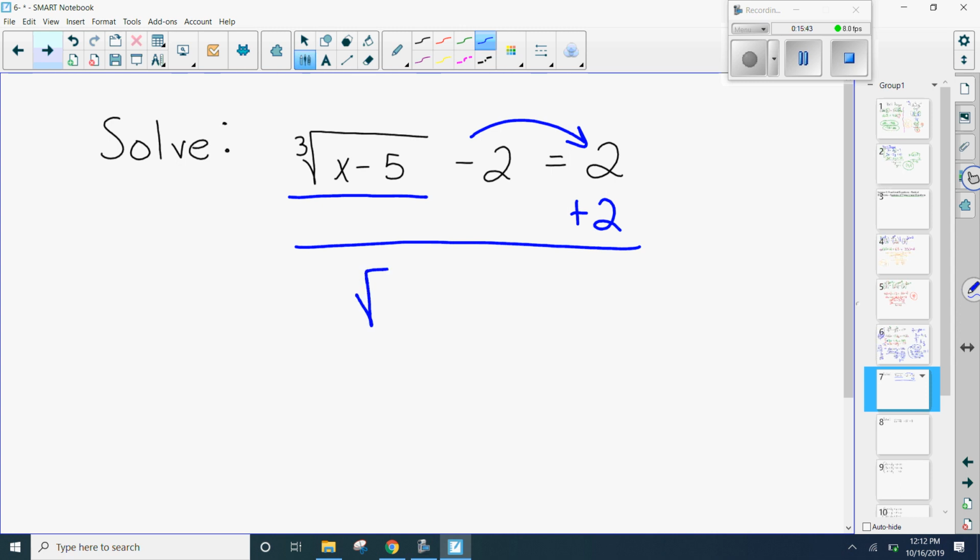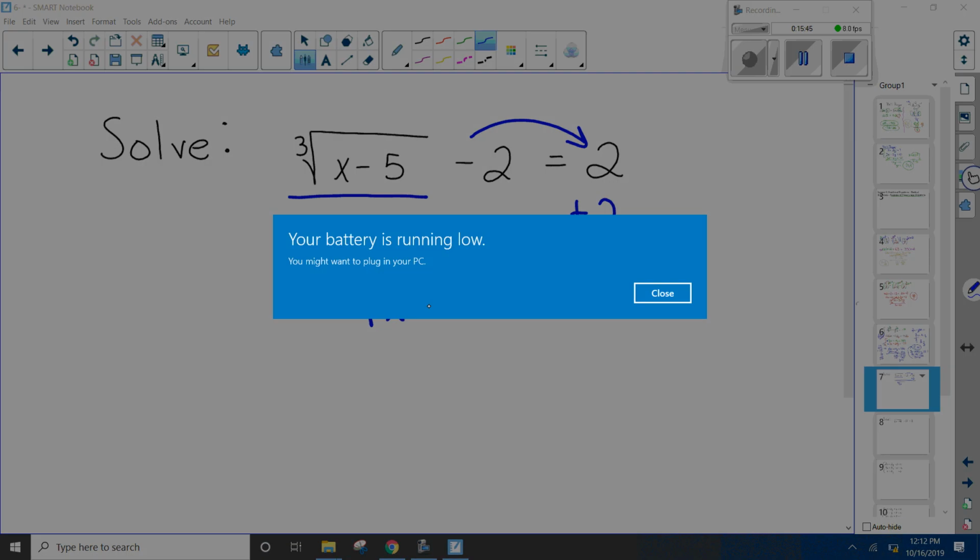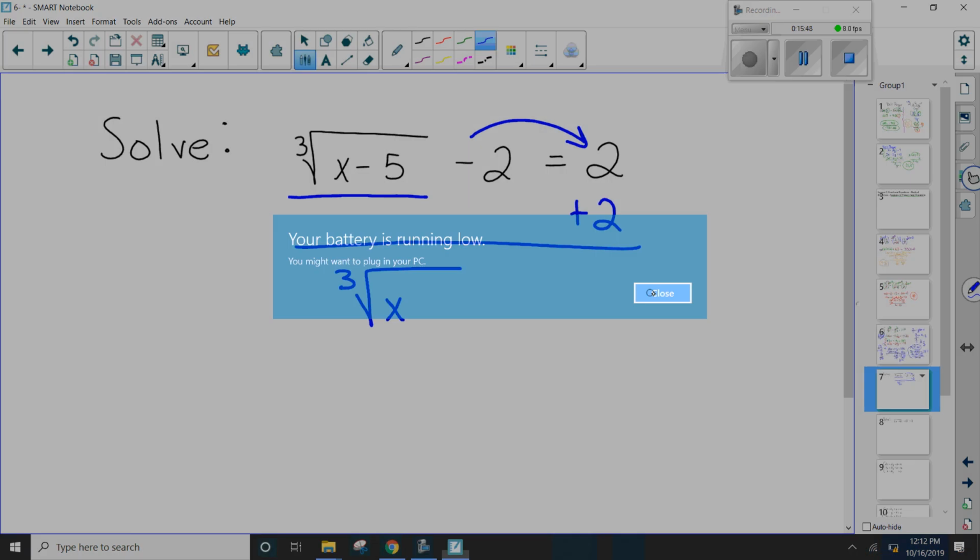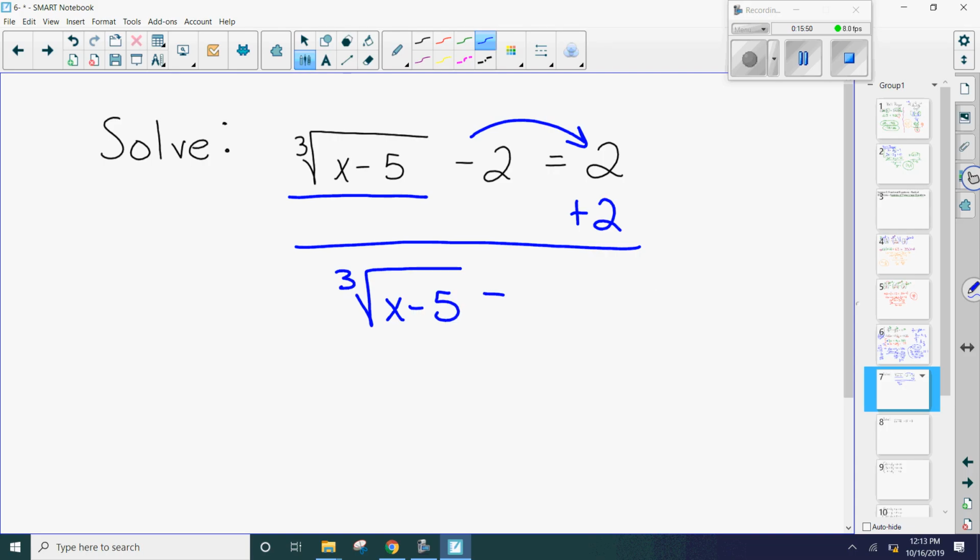So you're going to get the cube root of x minus 5 is equal to 4. How do you get rid of the cube root? Now to get rid of your cube root, what would you have to do? Cube it. All right, so you cube it.